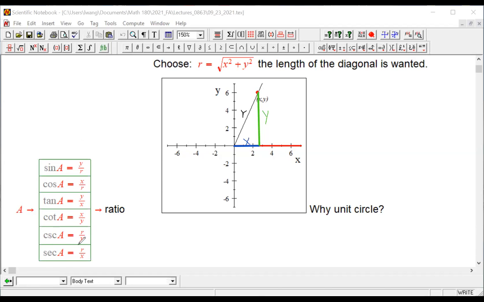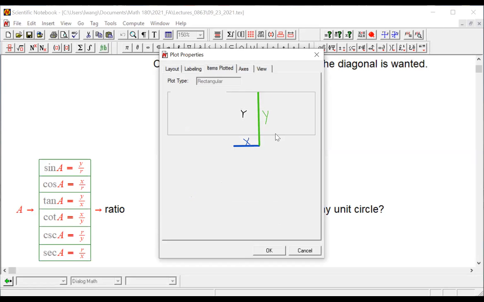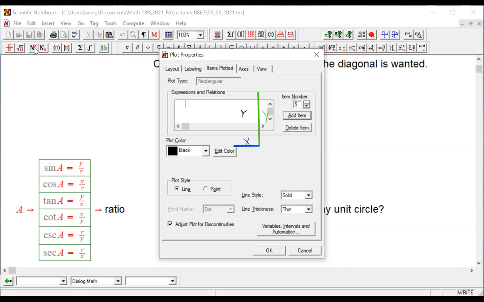And then I'm using the definition, and I'll get a bunch of ratios. So if I keep drawing circles, I'm going to show you a couple of circles we can draw.